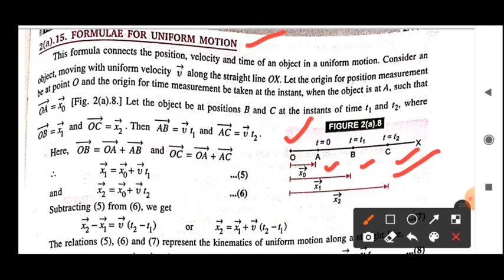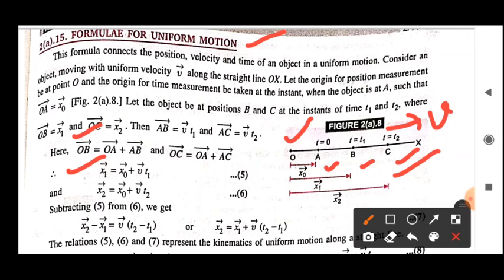Then you can write what x1 will be. x1 is x0 plus the velocity, if it is constant. Suppose v is the velocity with which the particle is moving, then this is v into t1. The arrow sign you see over any quantity denotes a vector quantity. As displacement and velocity are both vectors, that's why we represent them by these arrows.